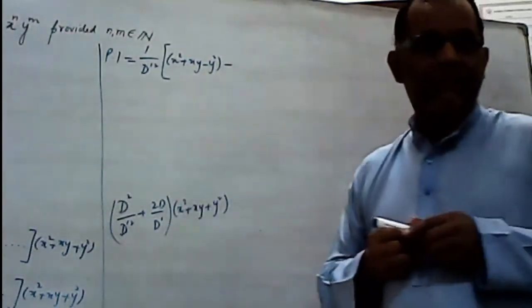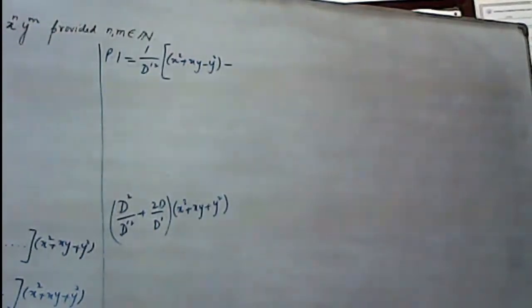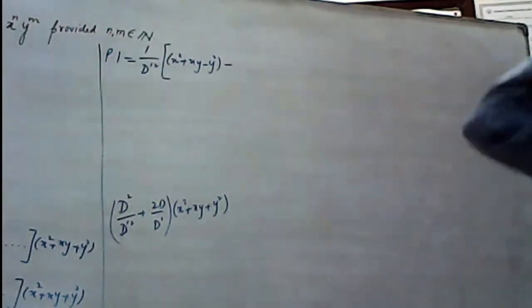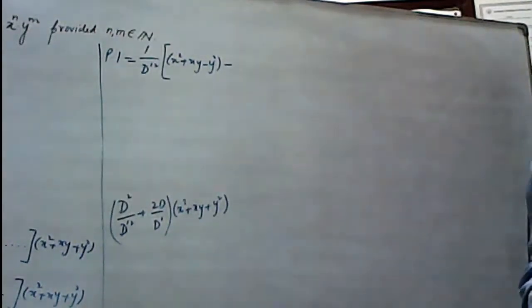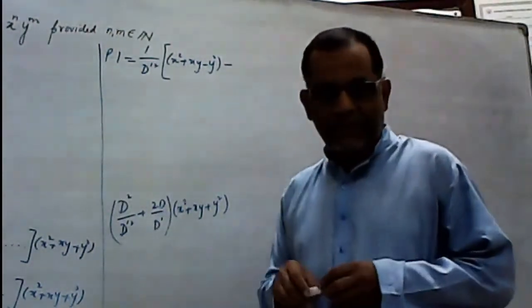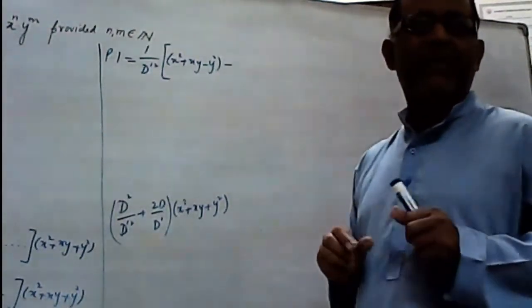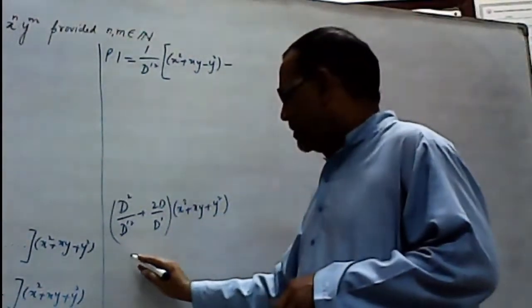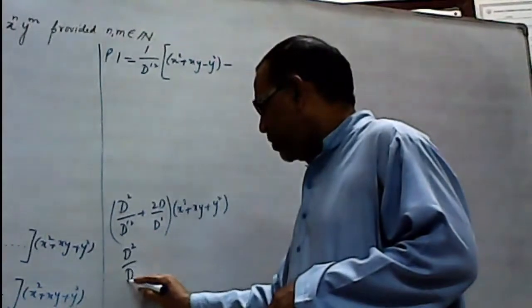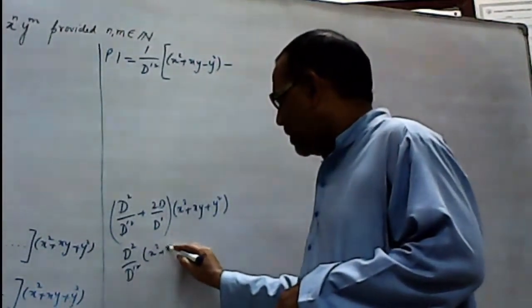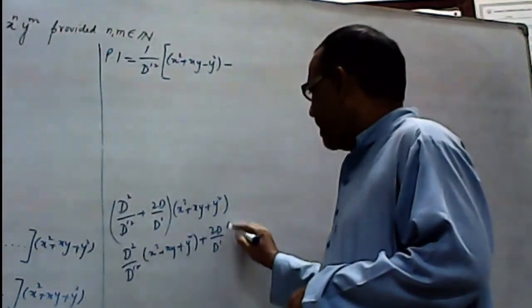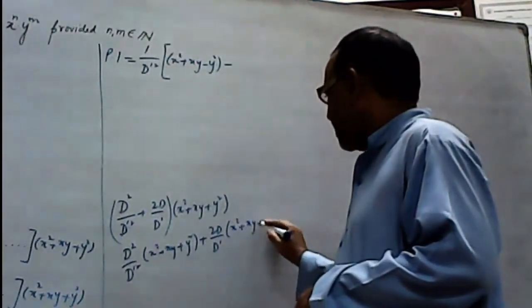D generally represents the derivative with respect to x, and D dash represents the derivative with respect to y. But if D dash is appearing in the denominator, then it represents integral with respect to y. So it simply means we need to apply D square upon D dash square on x square plus xy plus y square, and plus 2D upon D dash on x square plus xy plus y square.